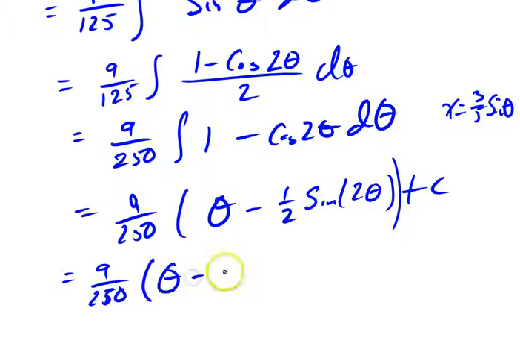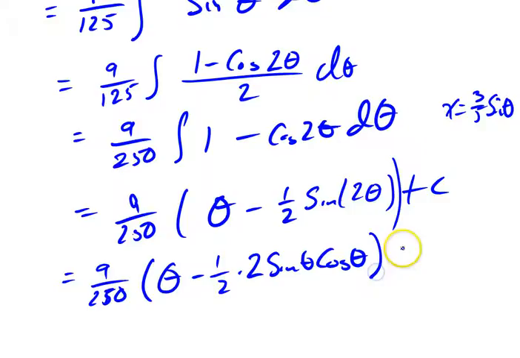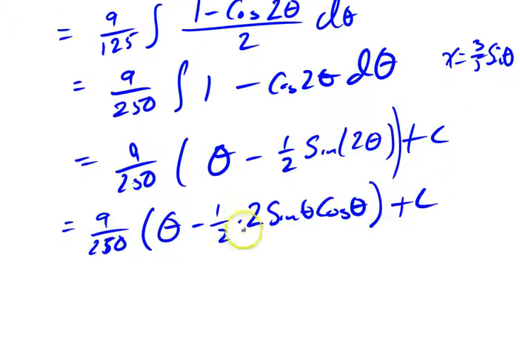So theta minus, the sine of 2 theta, with a half out in front here, is 2 times the sine of theta times the cosine of theta. That's the double angle formula for sine, right? Plus c. So now the 2's cancel out. And I can start doing some things here.